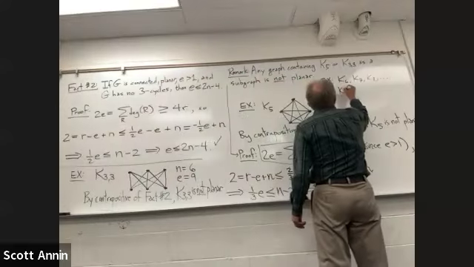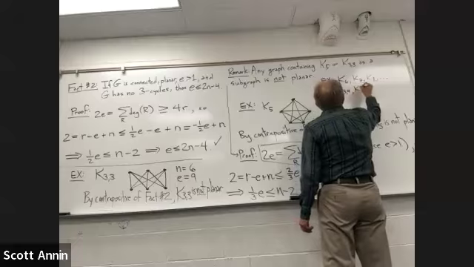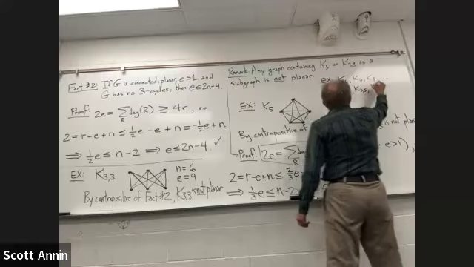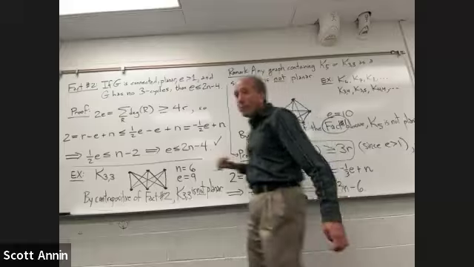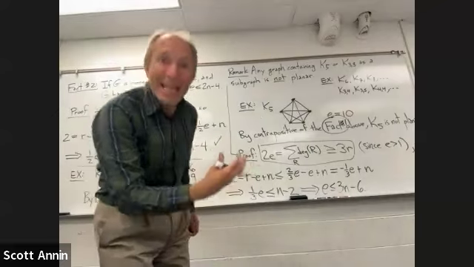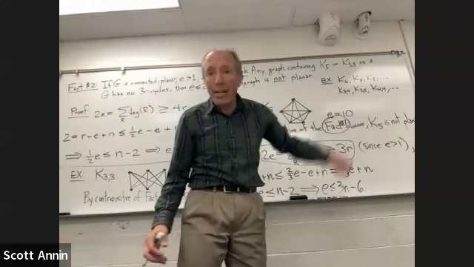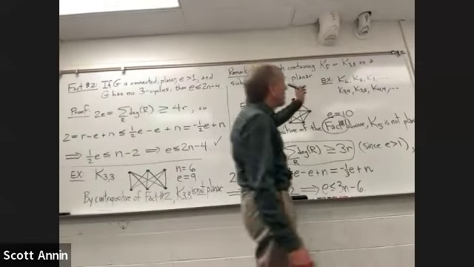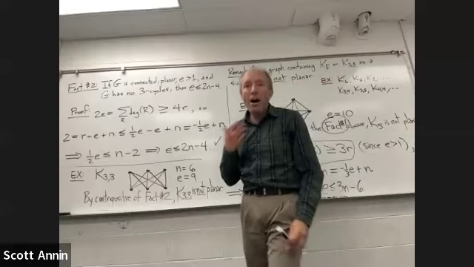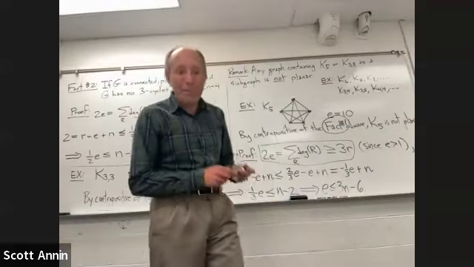Or we could go with K3,4, K3,5, K4,4. Any of these complete bipartite graphs, as long as the M and the N are both at least 3, those are not going to be planar either. So I've got lots of examples of graphs that are not planar now, right?